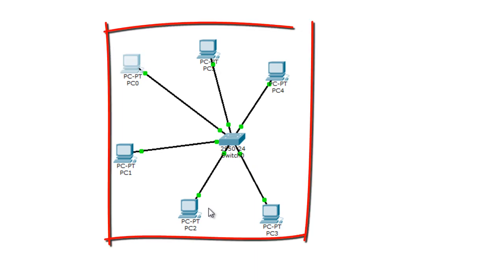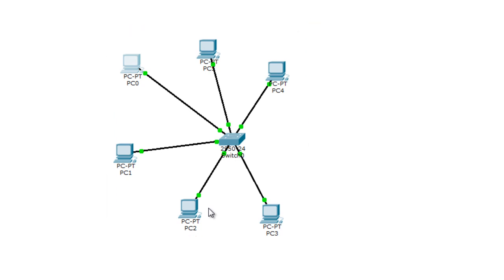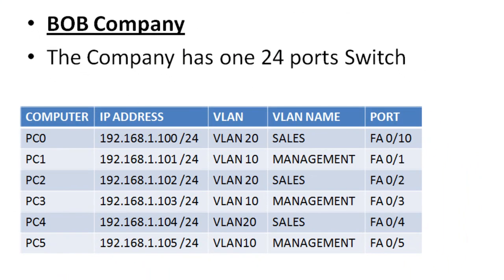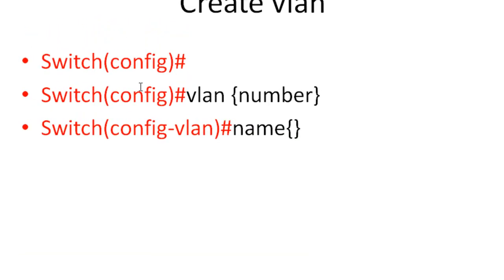All these PCs belong to one broadcast domain because we only have a single LAN on the switch. So what we need to do is to divide the switch into multiple LANs. So we're gonna have to use this concept of VLAN. The first thing we need to do in order to divide that LAN into multiple LANs is to create a VLAN.